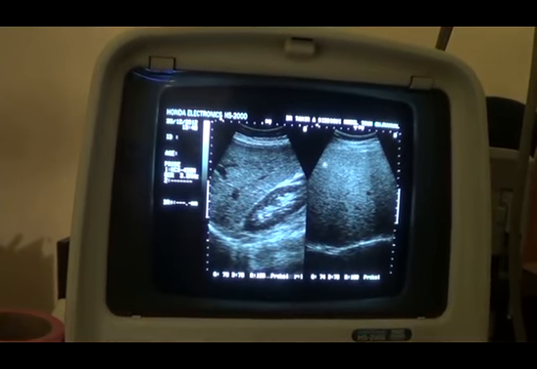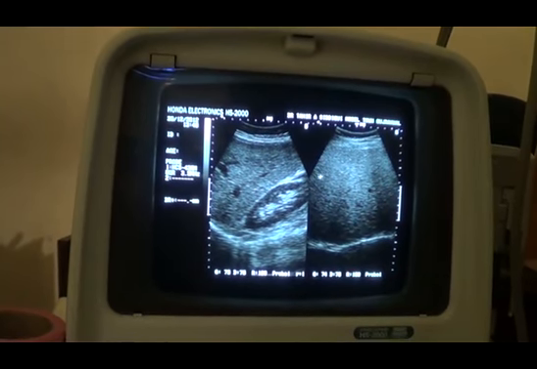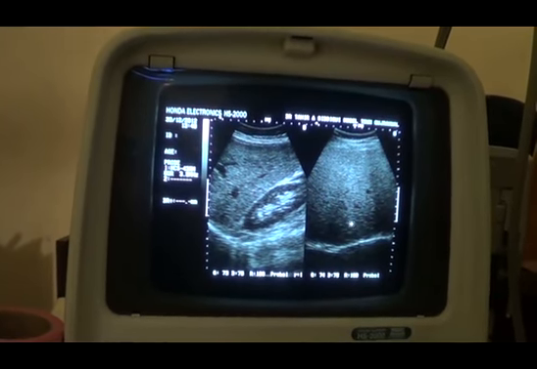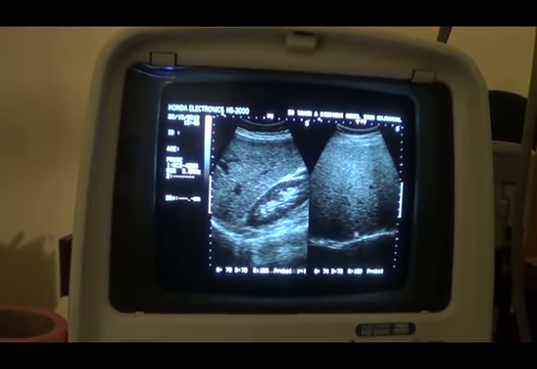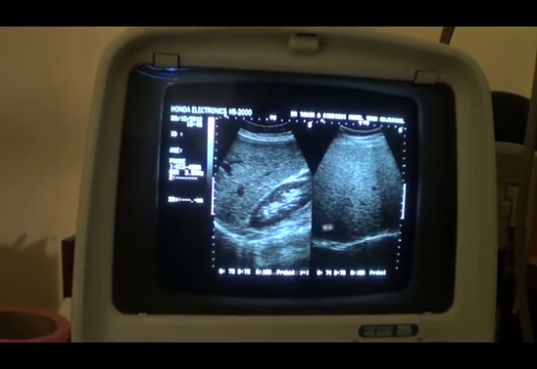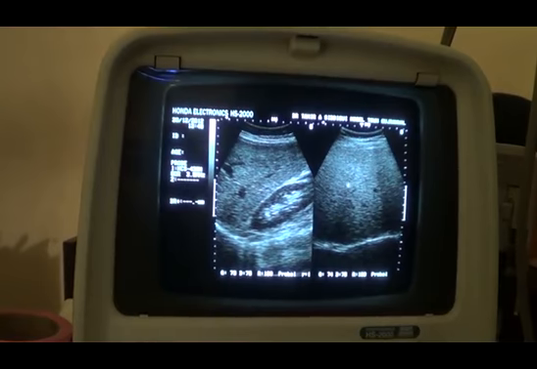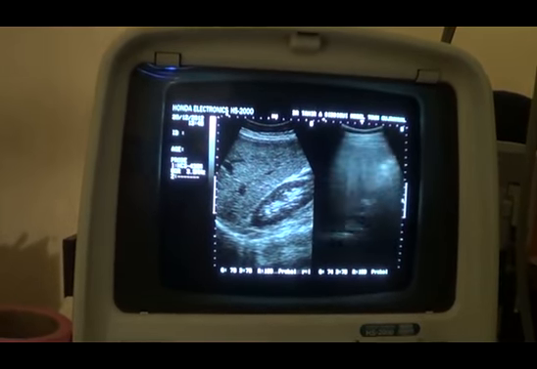Now this is the normal, and see this. This is the smooth outer surface, increased echogenicity, and this area adjacent to the diaphragm appears relatively black because of the fat in the liver above it.